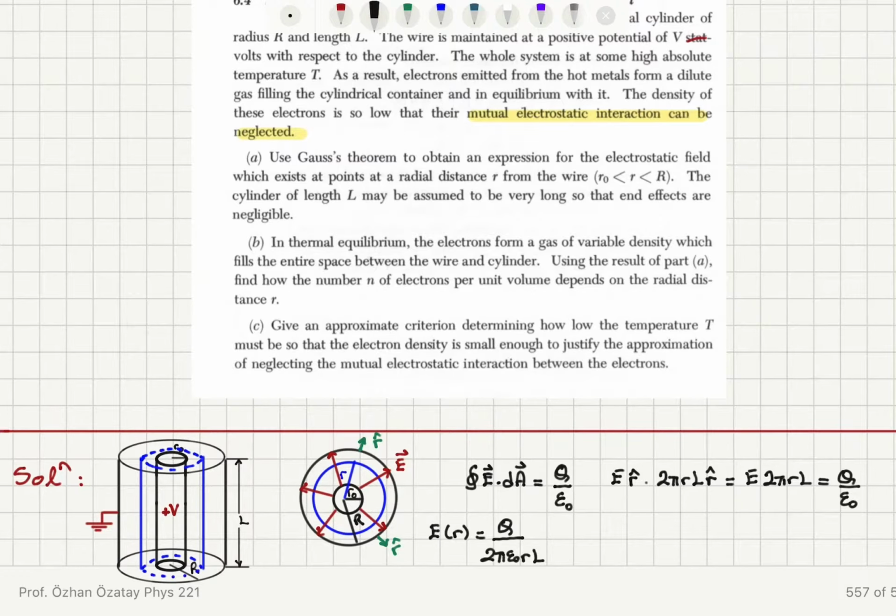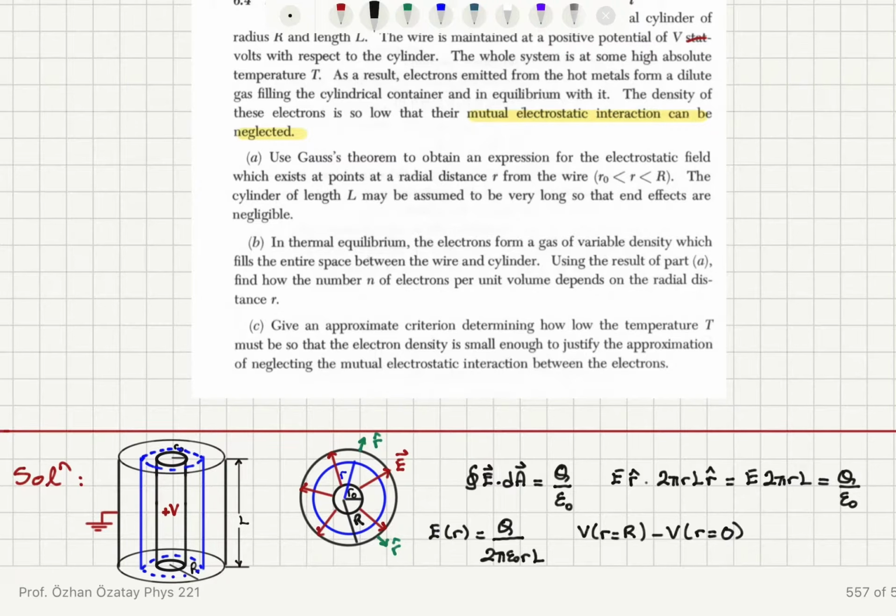Now, however, I have the potential between the inner wire and the outer cylinder. So if I look at the potential difference between the potential at r equals capital R minus the potential at r equals 0, if you wish, because it doesn't matter if it's r equals 0.